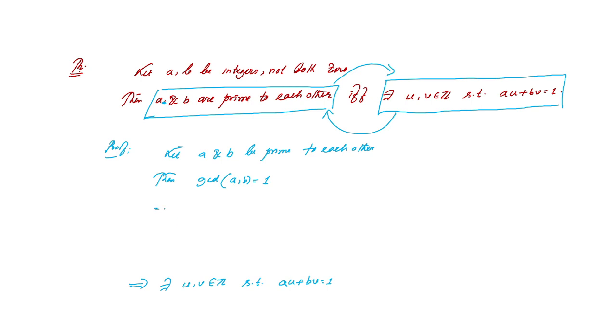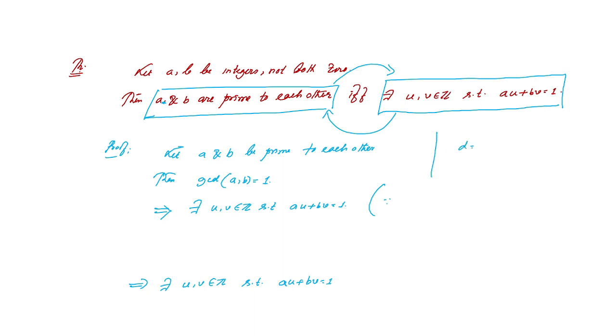And from that case we can directly write there exist U and V belonging to Z such that AU plus BV equals 1, or you can write 1 equals AU plus BV. Why can we write this?